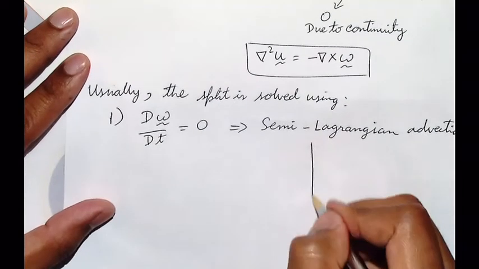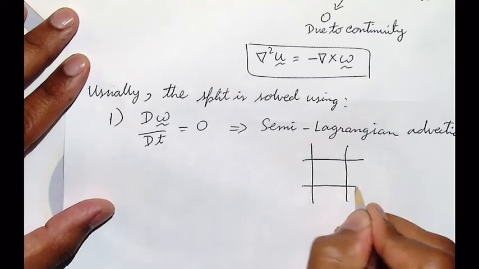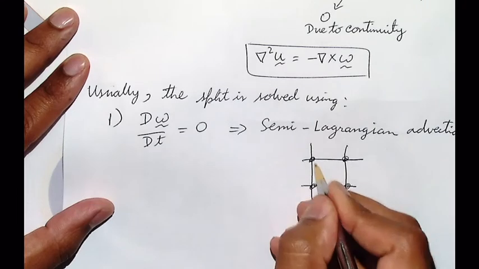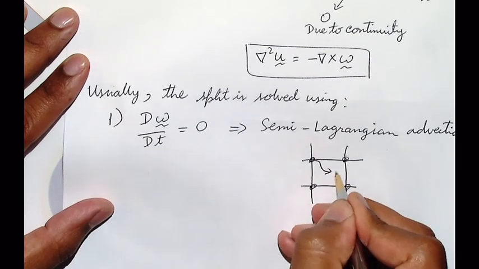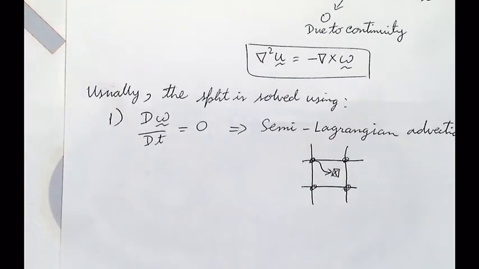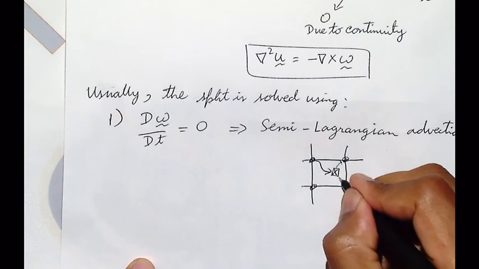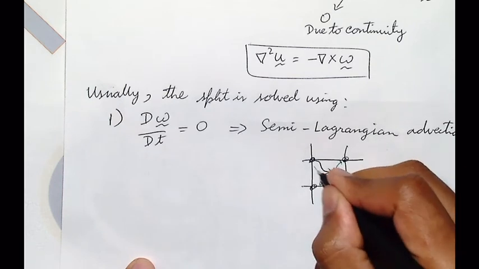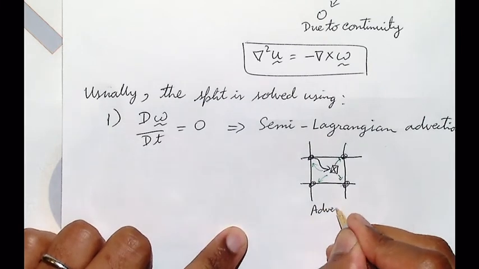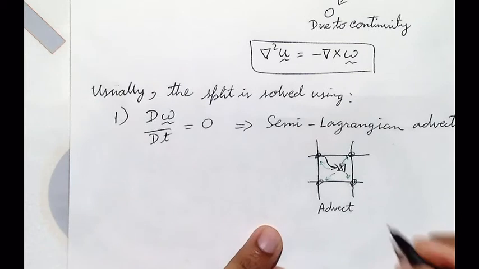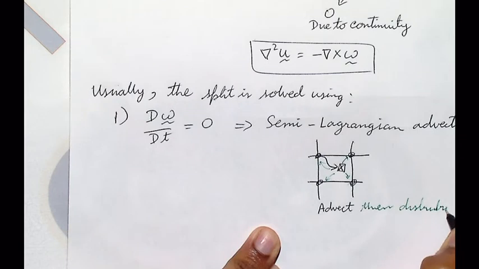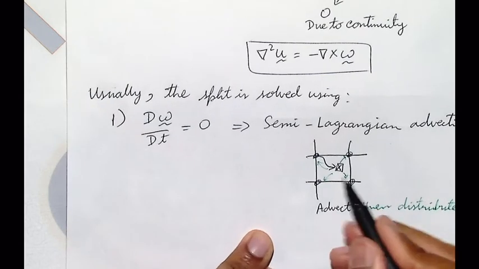Where what we had was, if you have grid points and you know the velocity of each of them, you can advect them forward and then distribute omega onto the grids. Right? So advect, then distribute, using some form of interpolation from the x to the grid nodes.